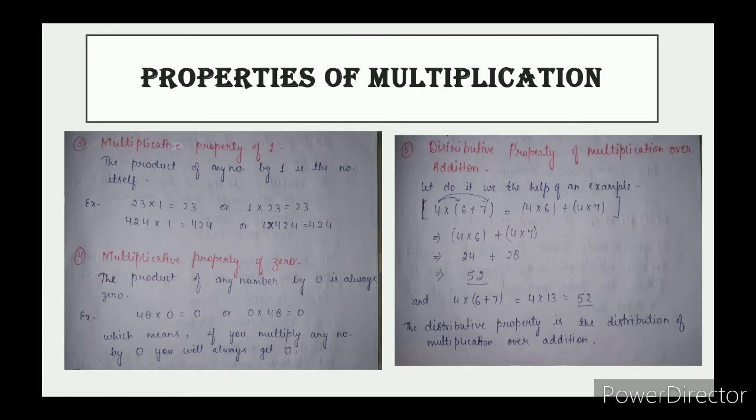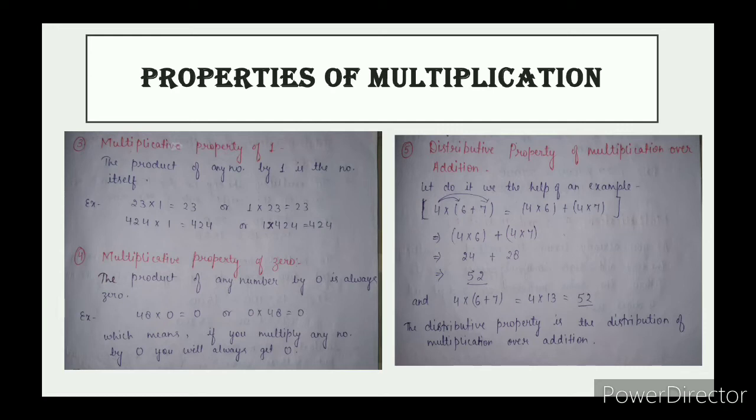First we have to multiply 4 by 6 and then 4 by 7. After doing solution of both sides, we can see both have the same answer, which is 4 multiplies 6 plus 4 multiplies 7 gives you 52, and 4 multiply 6 plus 7 also gives you 52.